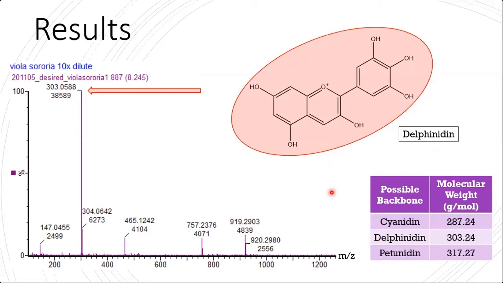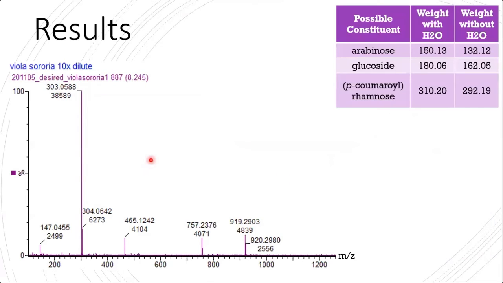Now we will go on to add constituents to our backbone. To determine the constituents being added to this backbone, we look at the next peak. Here we see it's 465. What we're going to do is subtract 465 minus 303.